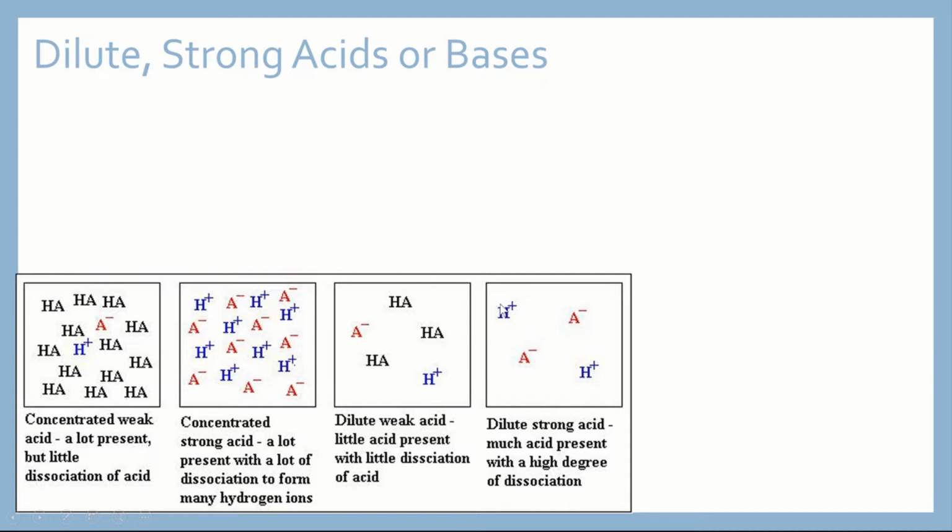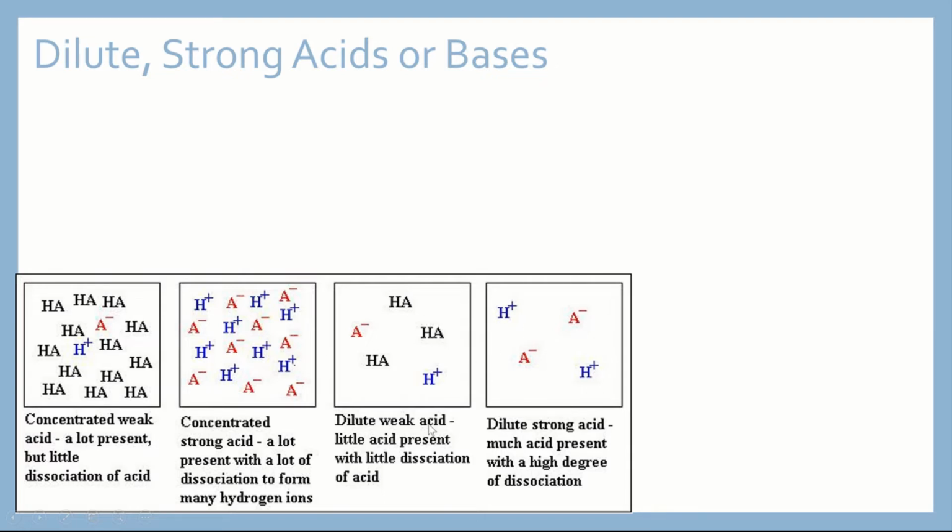It dissolved or ionized completely or dissociated completely. We have all H pluses and A negatives. The fact that they are completely dissolved makes this a strong acid. Now the pH may not be very low, even though it's a strong acid, because it's not very concentrated. It's a dilute strong acid.